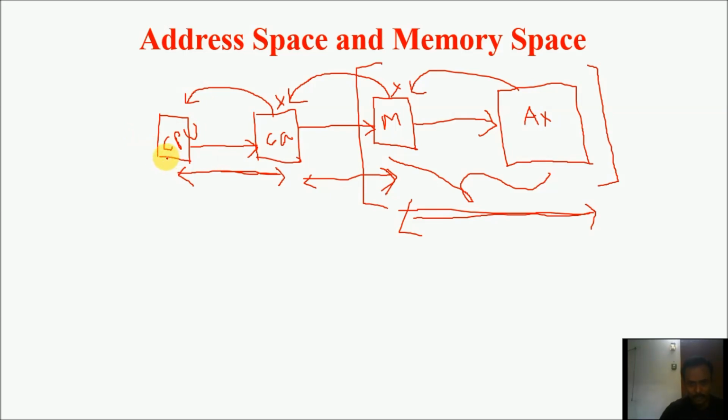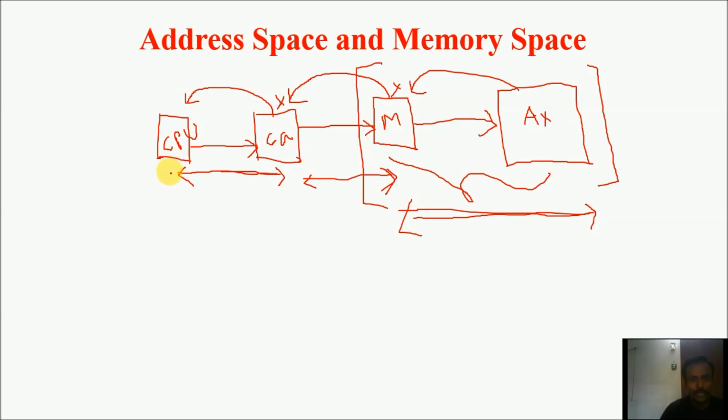Now when the CPU generates an address, suppose your computer does not support virtual memory. Virtual memory is a concept that is implemented both by software as well as by hardware.